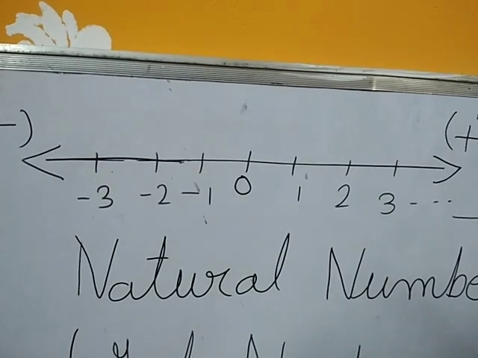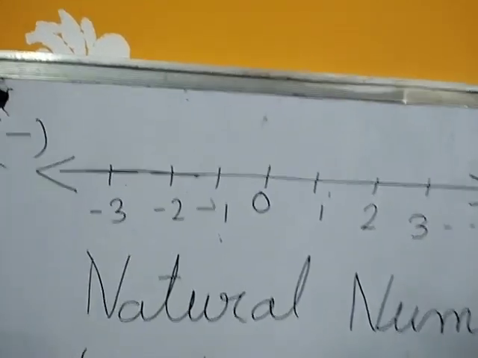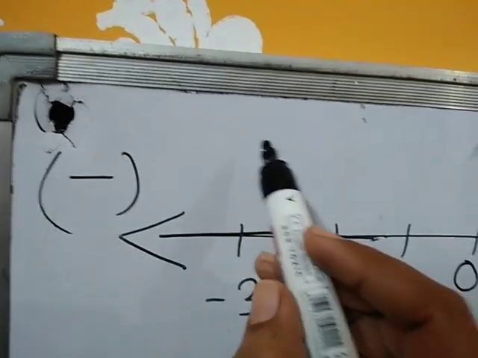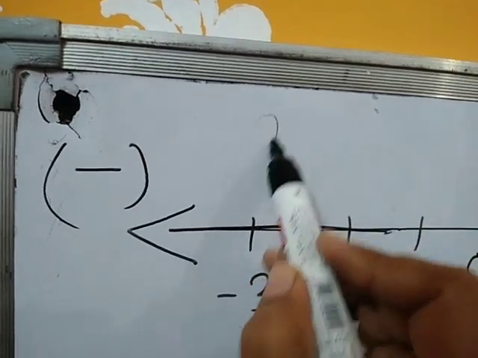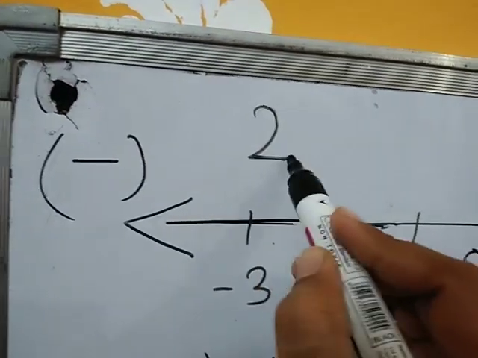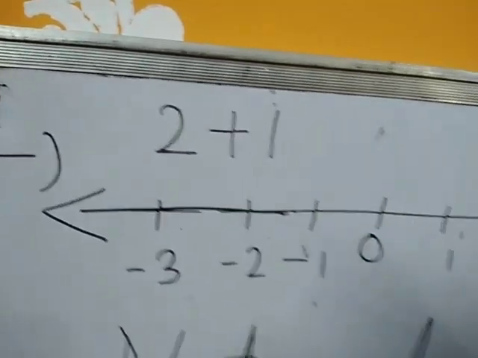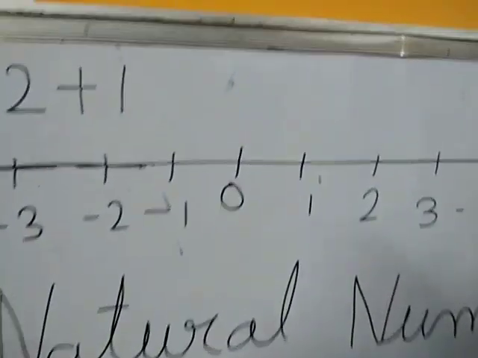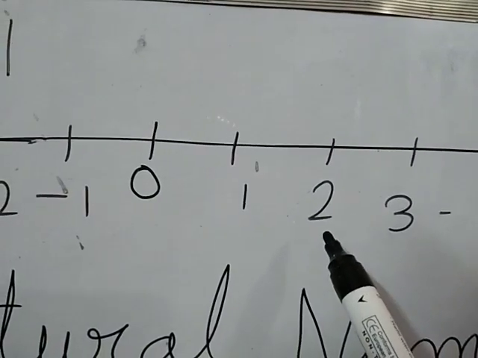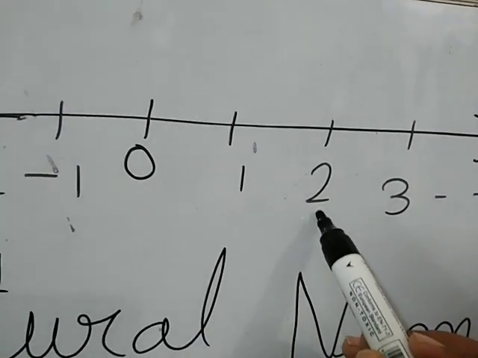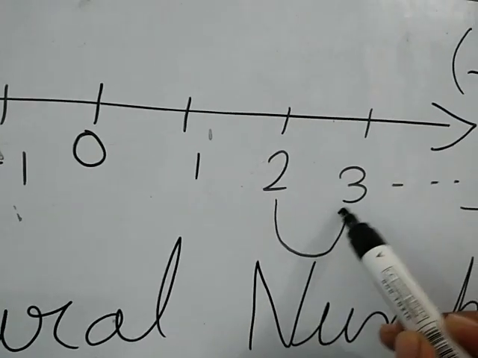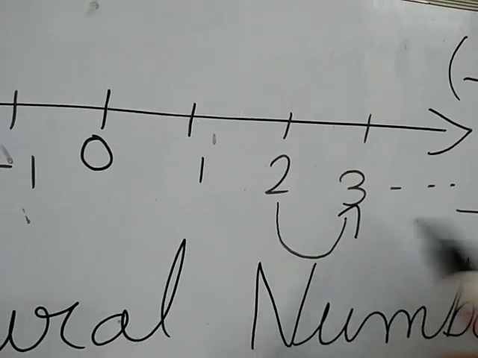Now if we have to add two integers, let's take an example. We have 2 plus 1. Okay, so add this. We are at 2 and plus 1 means one step on the right side, so the answer will be 3.